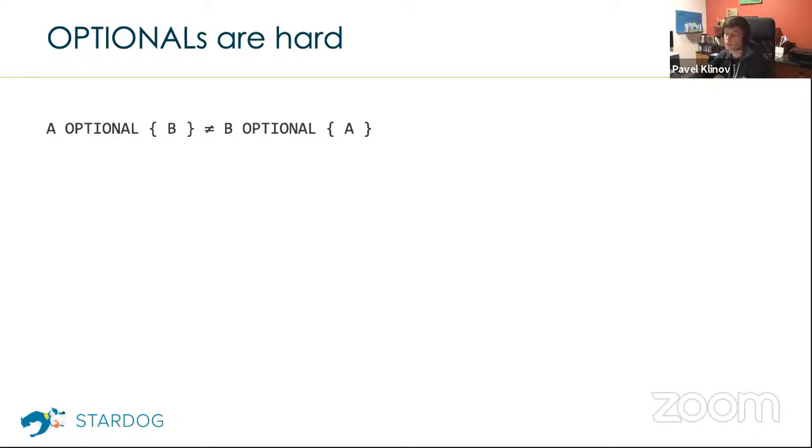So the first property which fails is commutativity. Where A and B are SPARQL patterns here, A optional B is not the same as B optional A; you cannot just swap them. That should be obvious, I hope.